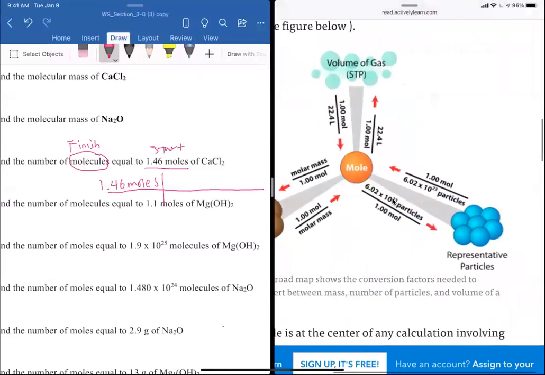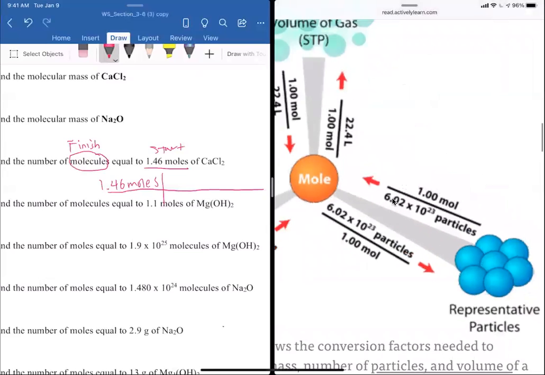So I'm going from moles to particles, going downwards, so I'm using the conversion that's pointing down towards particles, meaning I'm using 6.02 times 10 to the 23rd molecules over 1 mole.